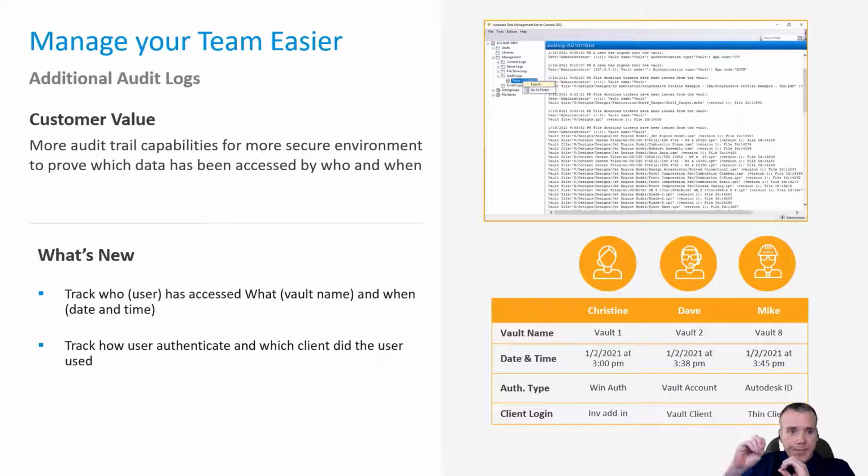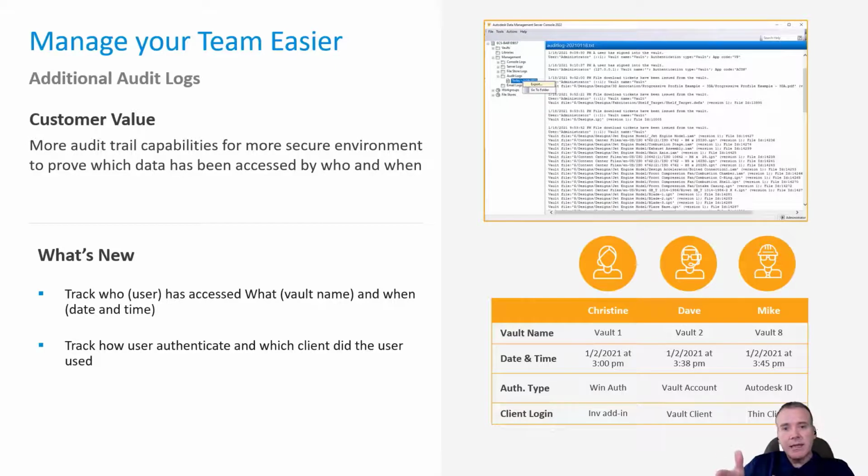In addition, we can see when files were downloaded. Right, so this gives you, there's just so many things you could do with this. Even, in a worst case scenario, disaster recovery, or even if someone deleted a file on accident, you could go back to this log and see, okay, did anybody download that recently? Maybe they still have a copy on their local workspace, right? So even something like that.